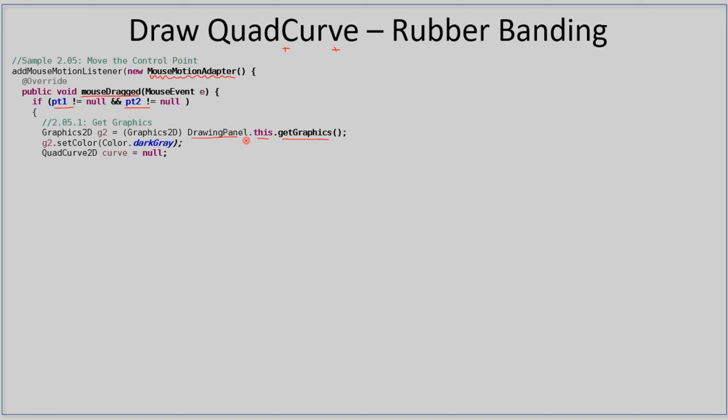So if you blindly use this, that will represent the mouse motion adapter class, the inner class. So to represent the outer class we are using drawingPanel.this. So this will get the panel graphics, panel.getGraphics, and we are converting that to Graphics2D, and we are storing that in a reference called g2.